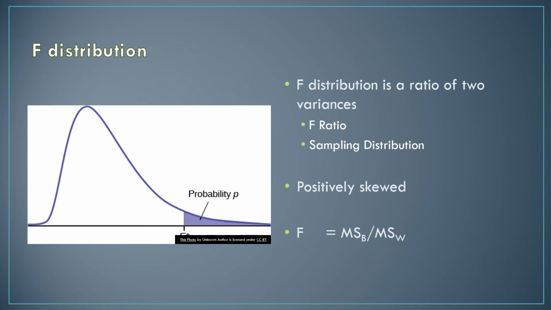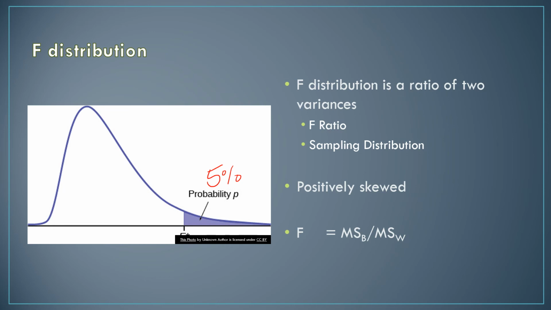And there is this small portion, and this is about 5%. So this is like a 5% area where you have the probability of statistical significance. So when you get an F statistic that's up here, this is where you know that you have statistical significance.